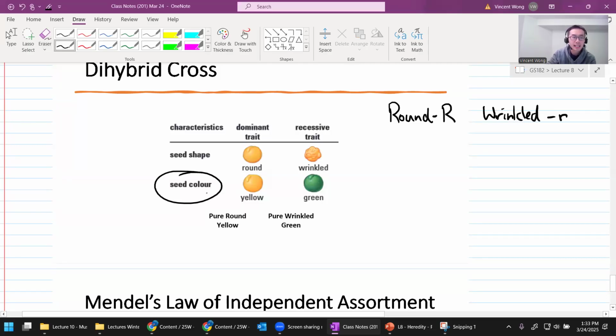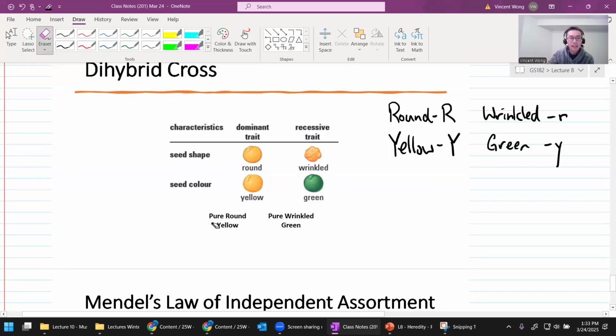What about seed color? What should I use for seed color? Capital Y and small y. Yeah, that's right. Yellow is capital Y and green would be small y.